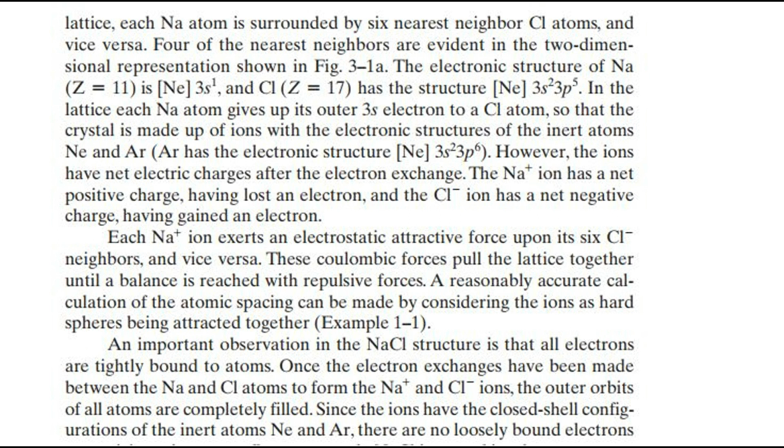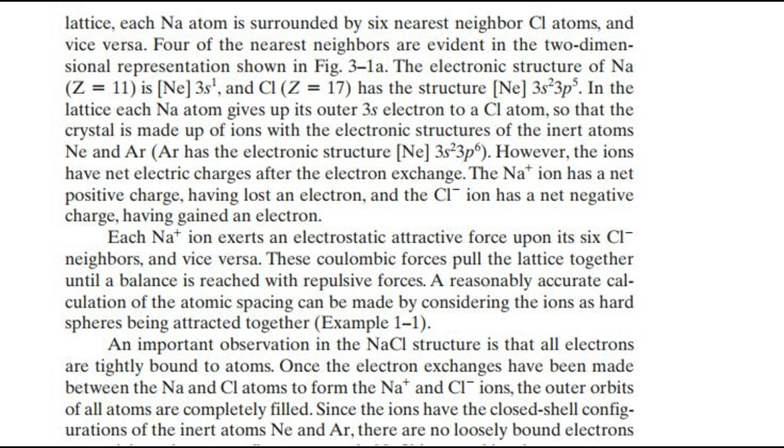In the lattice each sodium atom gives up its outer 3s electron to a chlorine atom, so that the crystal is made up of ions with the electronic structures of the inert atoms neon and argon. Argon has the electronic structure neon 3s2 3p6. However, the ions have net electric charges after the electron exchange.